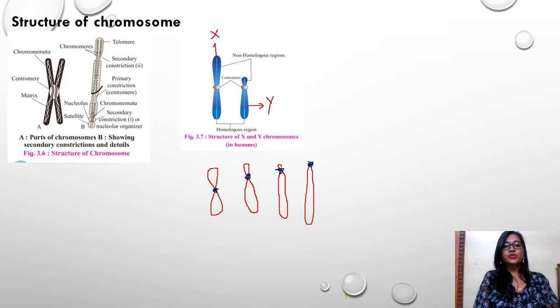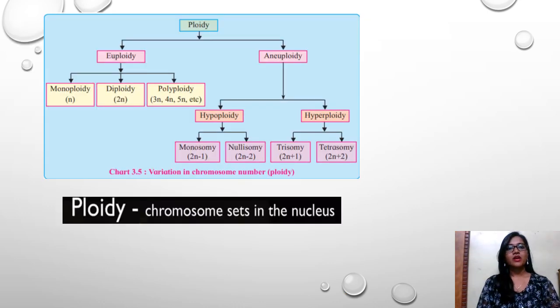Okay, so let's move toward the next part. In the previous slide, we studied the structure of the chromosome and the structure of the X and Y chromosomes. Now this is a new concept which is included in your syllabus. This is known as ploidy.